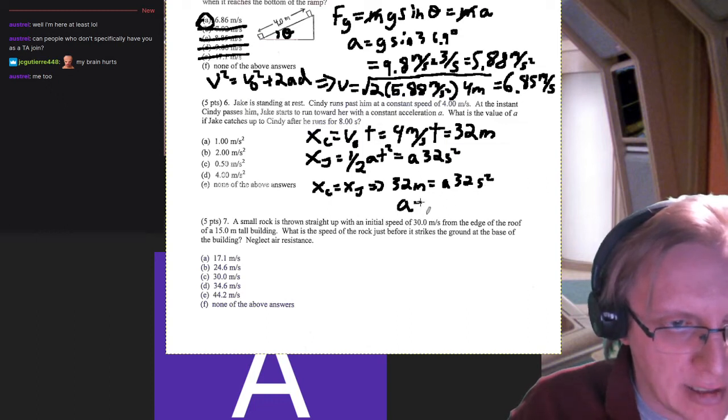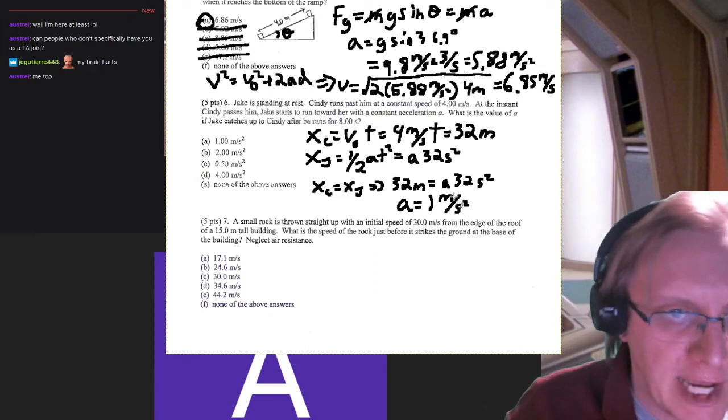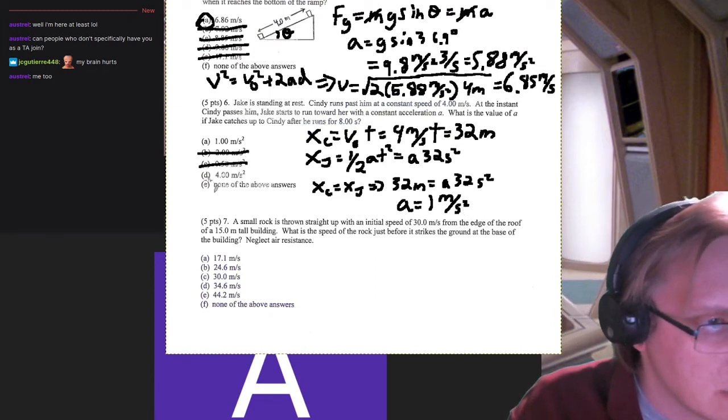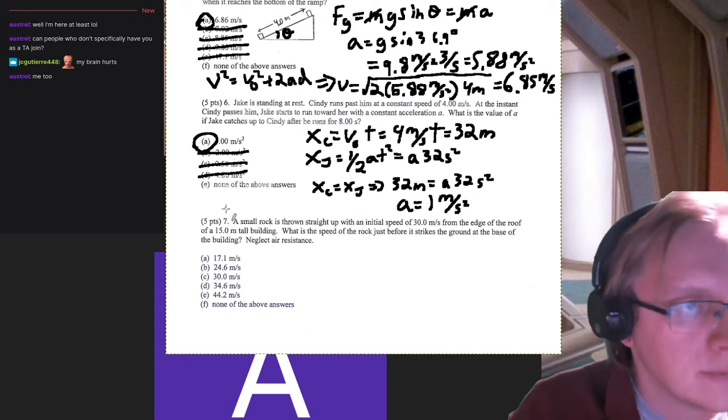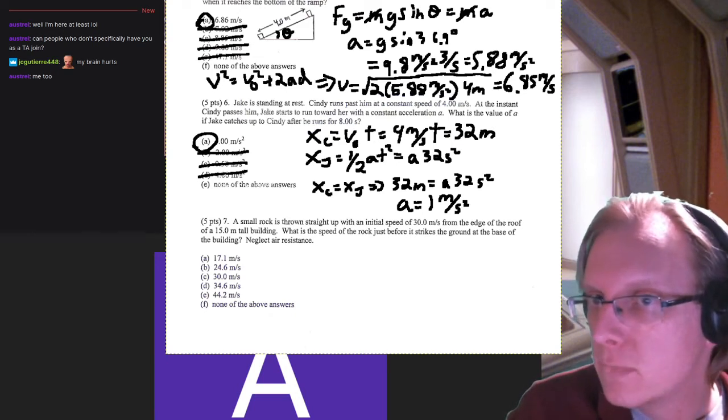Therefore, A is equal to 1 meter per second squared. That means when Jake catches up to Cindy, he's doing 8 meters per second. Oh, good for him. Scratch out those. Put in that one there. So far, so good.